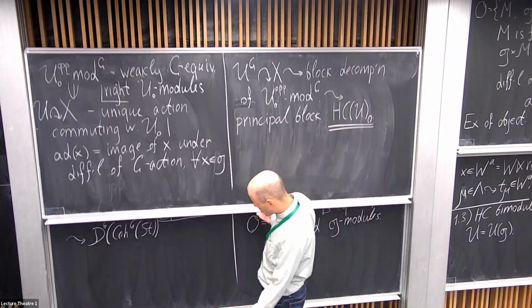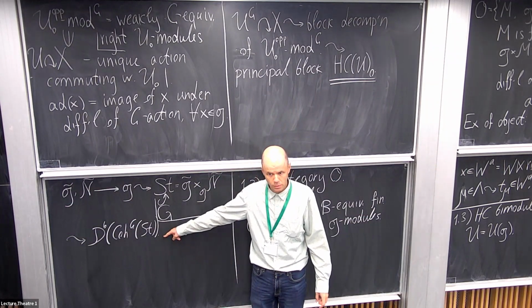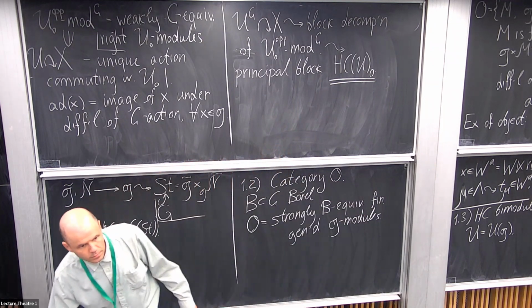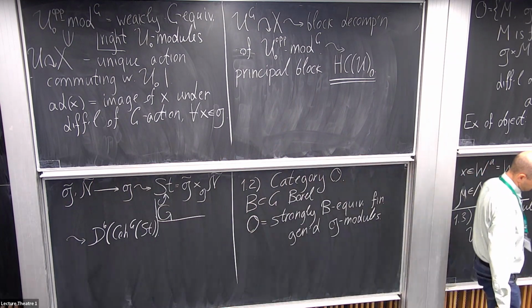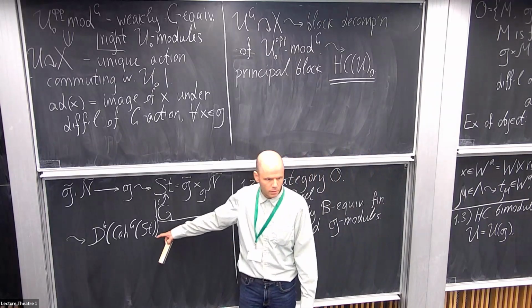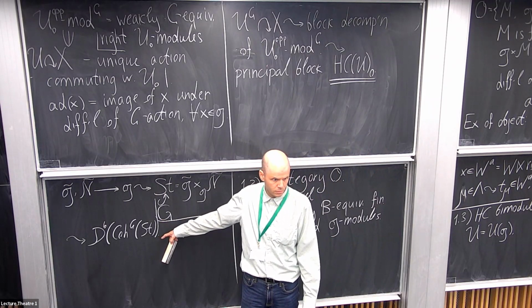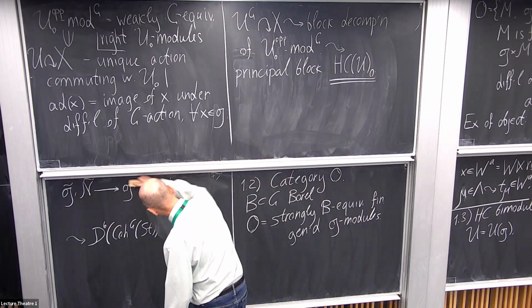And so somehow the goal is to relate the derived categories to this one. In characteristic 0, those are more or less equivalent categories, right? They're just equivalent as abelian categories, and this should be replaced by G equivariant right D modules on the flag variety.